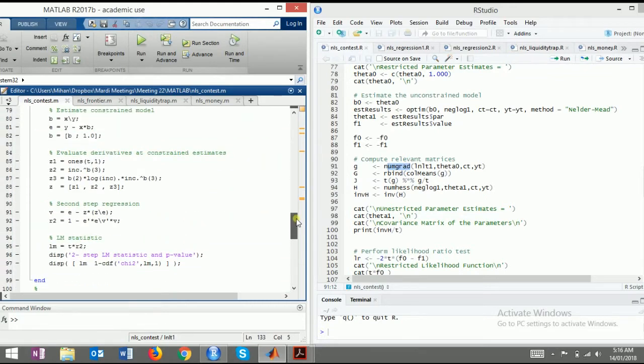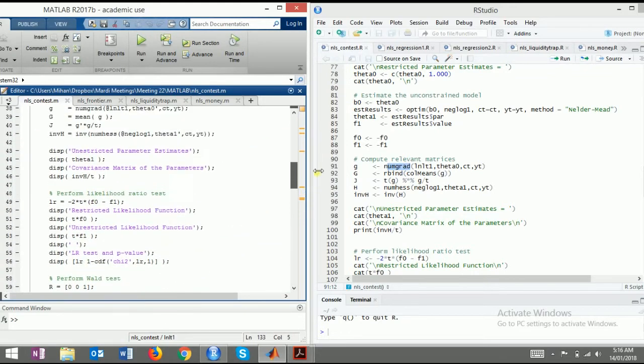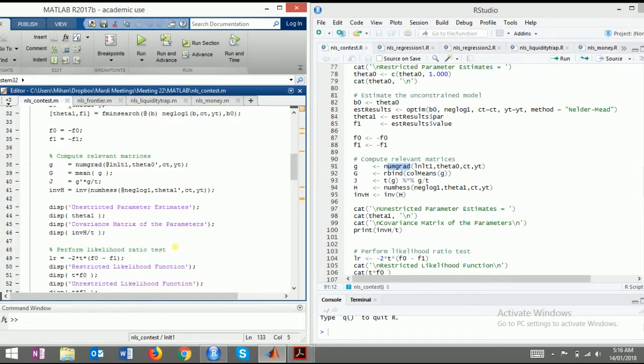So yeah, that is something to remember. We are calling this function. And for optimization, the initial value is theta naught in columns, and we want that for ct and yt. Our unknowns are ct and yt. Theta naught, ct, yt, okay, fine.